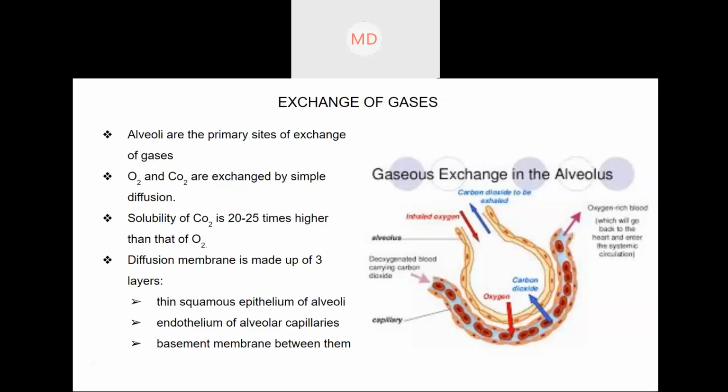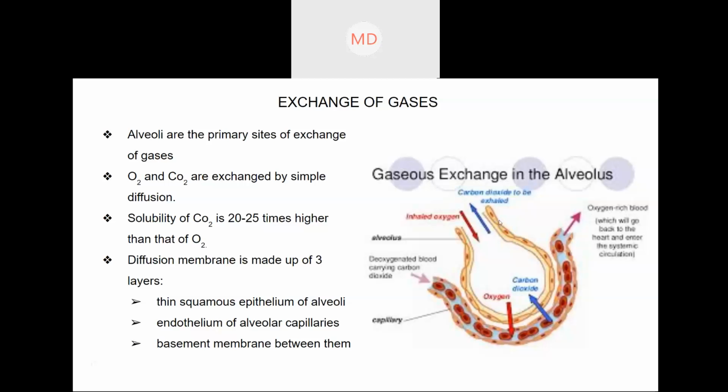Let us take the example of a single one, that is one alveolus. So this is an alveolus. The diffusion membrane, as you can see here, is made up of three layers.